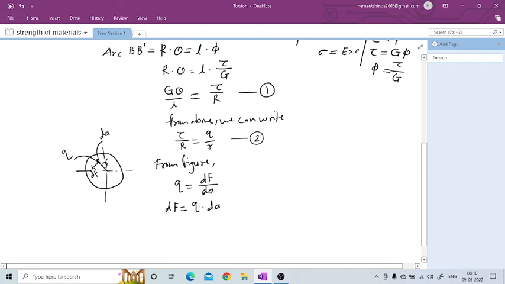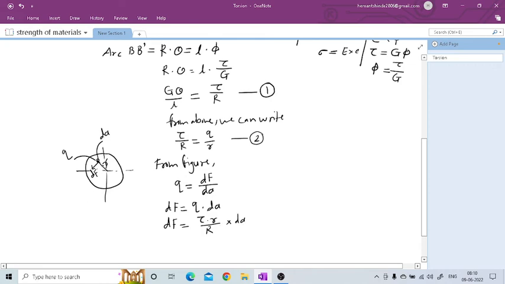Now we can write the value of q from equation 2. So transfer this small r on the left side, so that we will get the value of q. So I will put that value here. So dF will be tau into small r divided by capital R into dA.